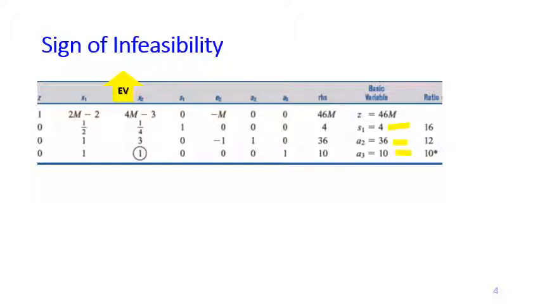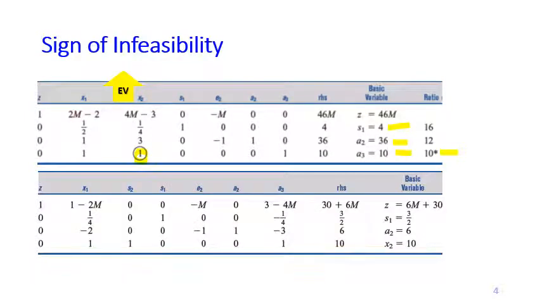We perform a ratio test, pick the smallest, and get the intersection as the pivot. And then we perform row operations such that this column x2, I think there's a typo in the title, this should be x2, should have the value 1 in the pivot position and then 0 in all other positions.